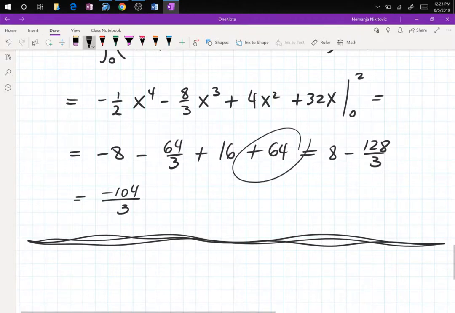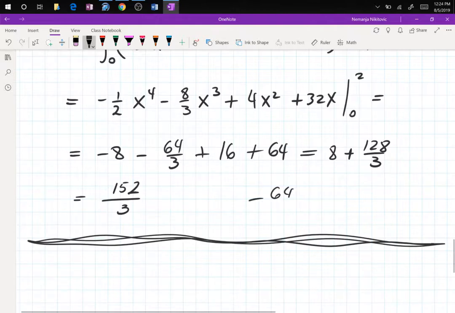When I combine, oh, it's a positive. 64, that's a 64 plus 64 plus 64 over 3. Well, 3 times 64, and then you take 1 away from here. Yes, so that's a plus there. Well, thank you. 24, that's 152, right? 152.